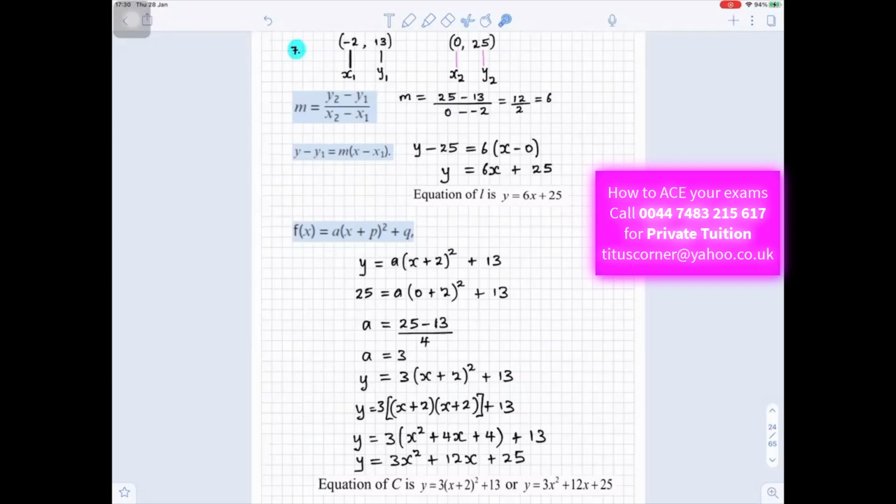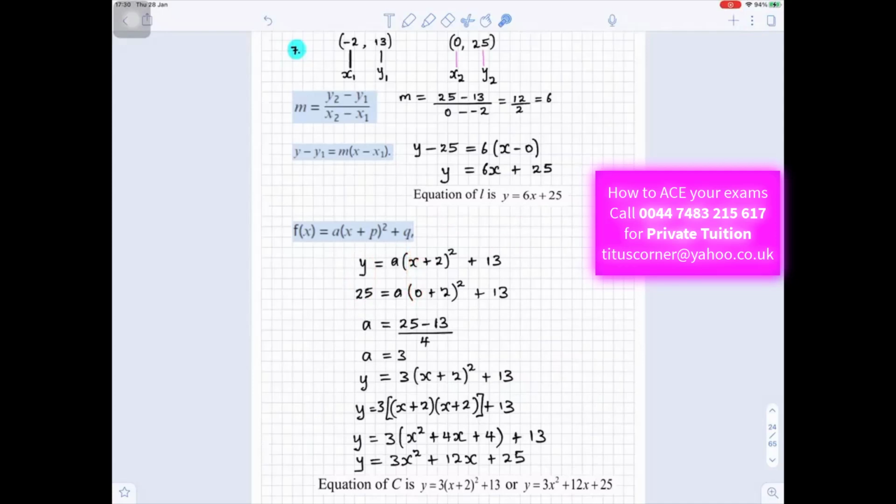Now, we use this equation to complete the square. So we have y equals a bracket x plus 2 all squared plus 13, because the turning point is minus 2 and 13. So y is 25 and x is 0.